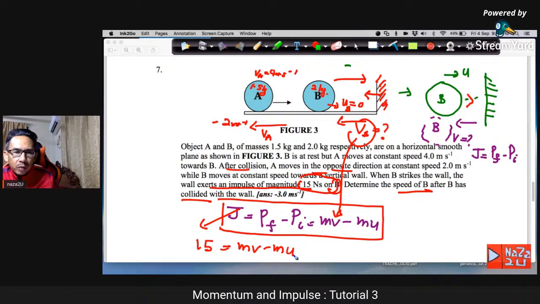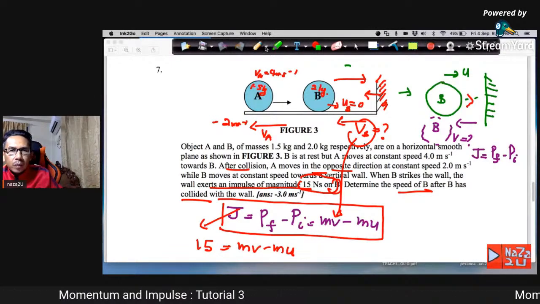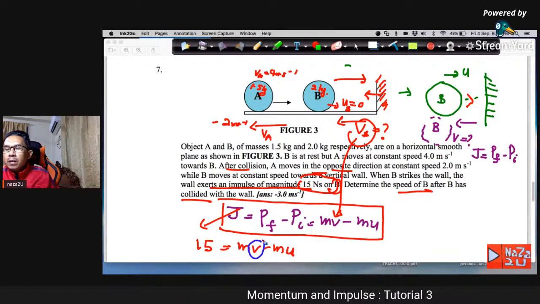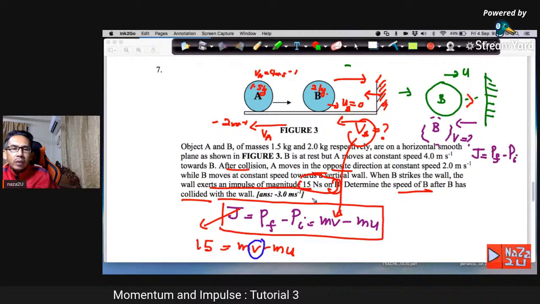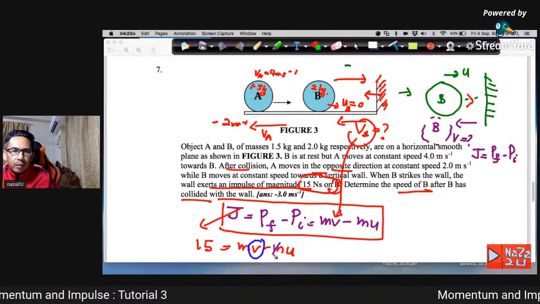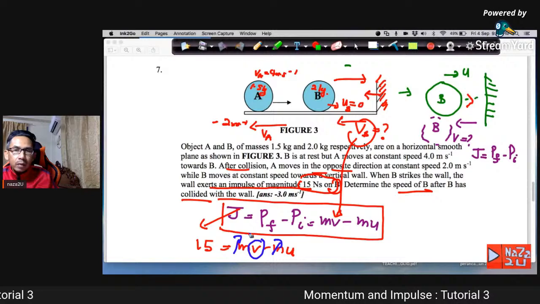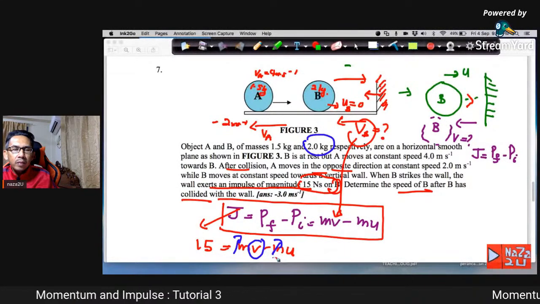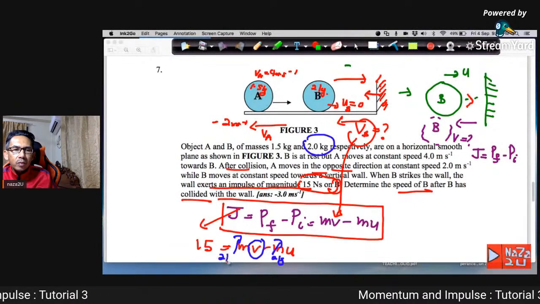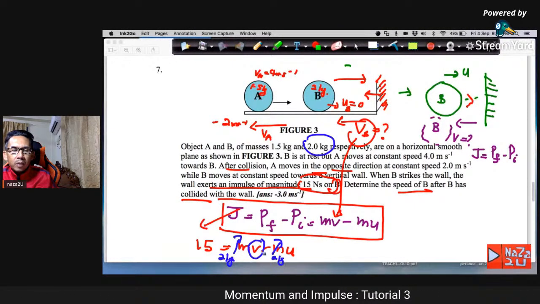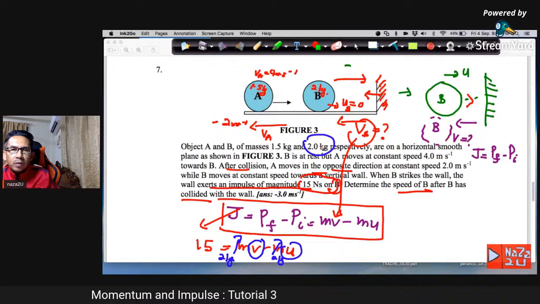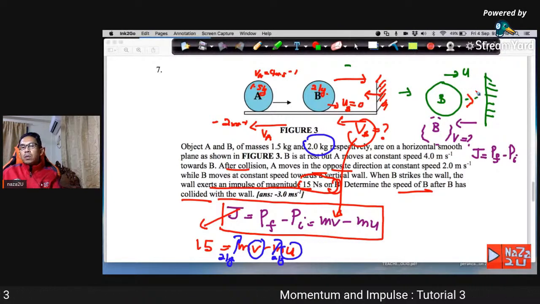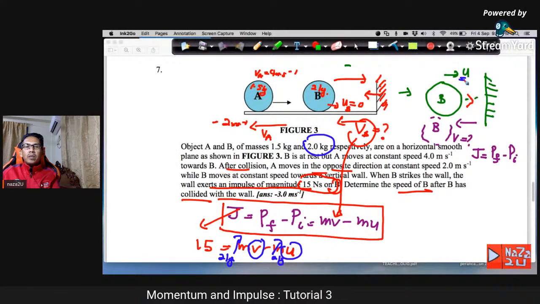The question asks you to calculate V, the final velocity after colliding with the wall. The mass of B is given as 2 kilograms. To calculate V, you must know the value of U, the velocity before B collides with the wall.